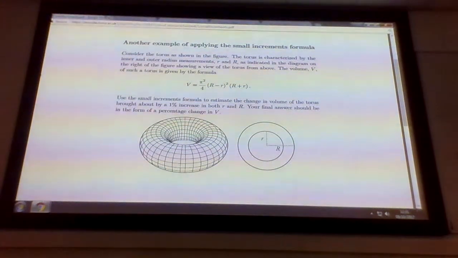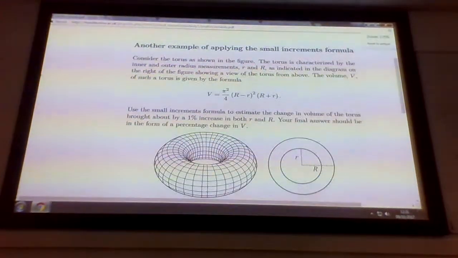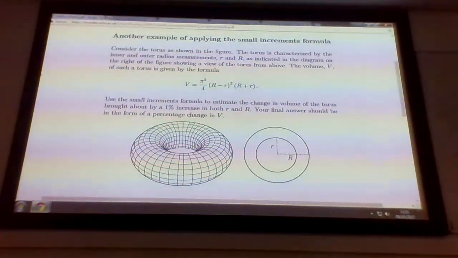Now we need to differentiate. Well, it's just a constant function. If you differentiate it with respect to R, you get pi over 4.